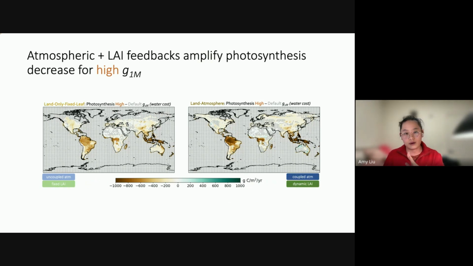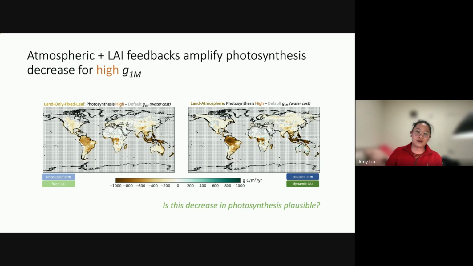On the right is the plot we saw earlier with the atmospheric feedbacks and LA feedbacks. We can see that both plots are quite brown and they look quite similar. It's just the magnitude that's different. So as the title says here, atmospheric and LA feedbacks amplify the photosynthesis decrease for high GUNM.